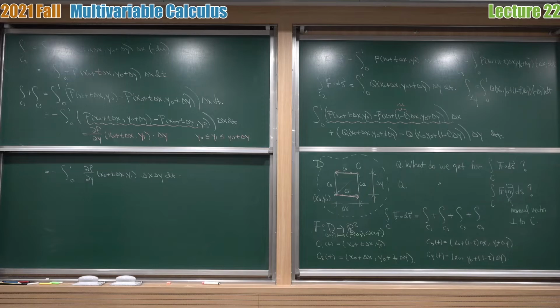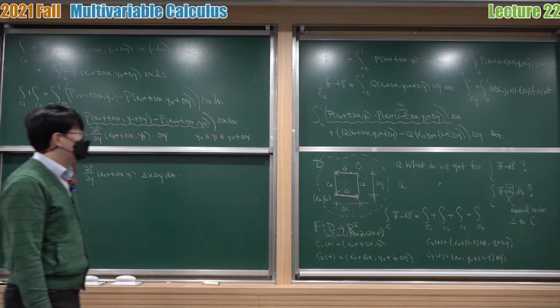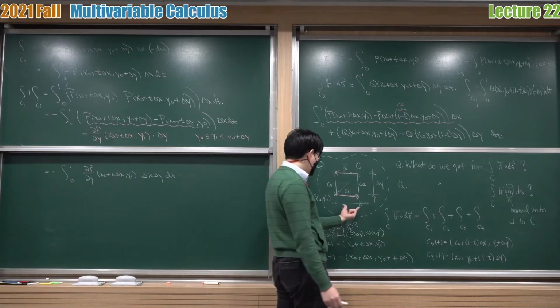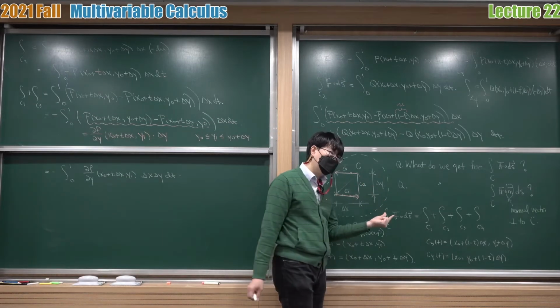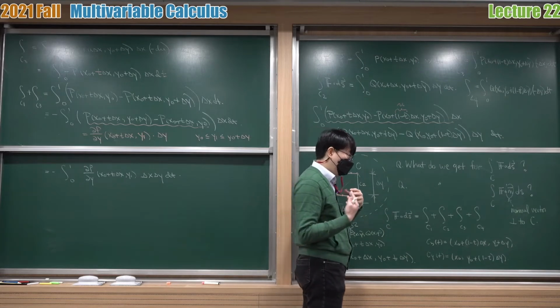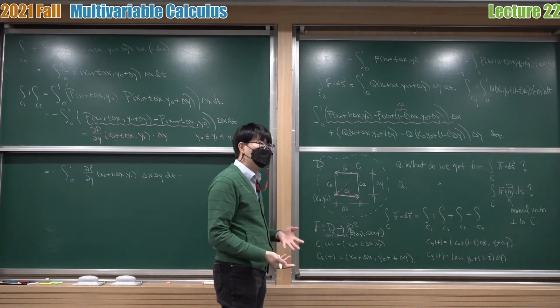And I had to make a bold assumption again. There is a reason why I put my width and height as delta x and delta y. I'm going to make this as small as possible, infinitesimally small.